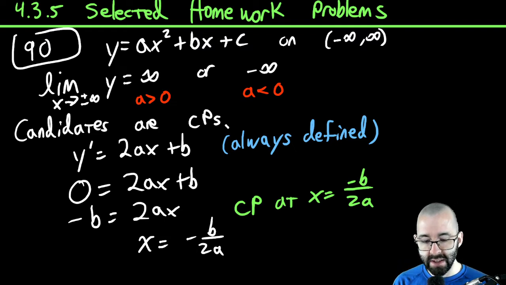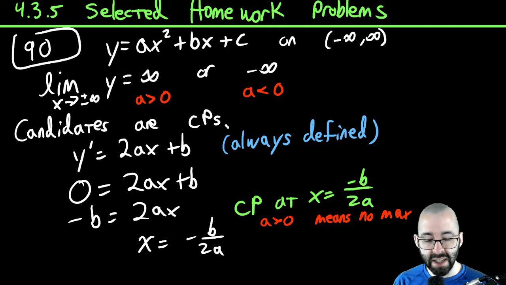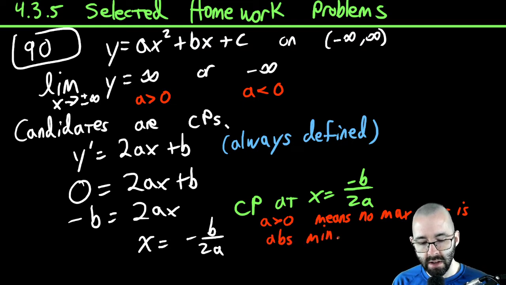So if a is positive, that means no max. But that means that this is a min. And similarly, if a is negative, then it's going to be an absolute maximum.